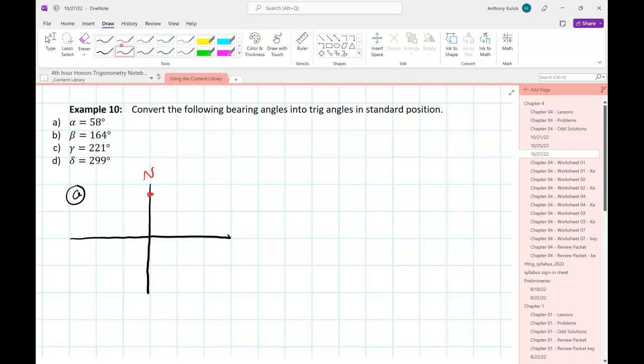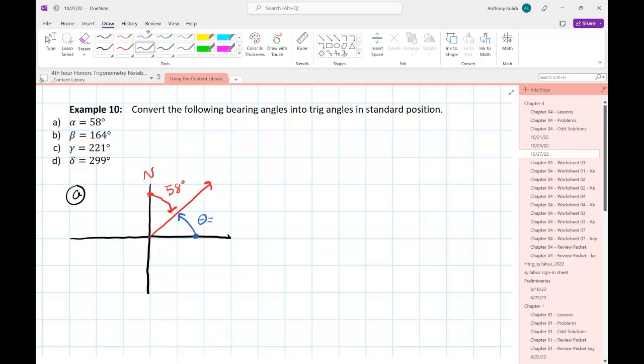In the first quadrant, right? Because I know there's 90 degrees in a quadrant. Everybody's cool with the bearing that I've drawn here? Now, if I want a standard position angle, where does it begin? The positive x-axis. And which way do I rotate for a positive angle? Counterclockwise.